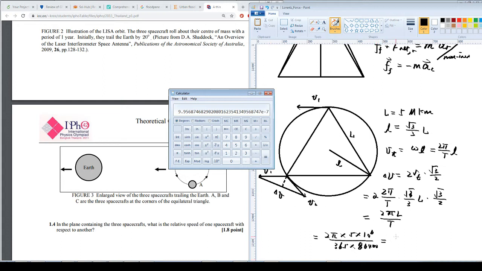That's 10 to the negative 7. But this is in kilometers, so about 996 meters per second.